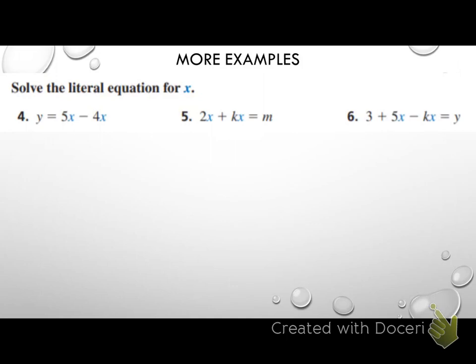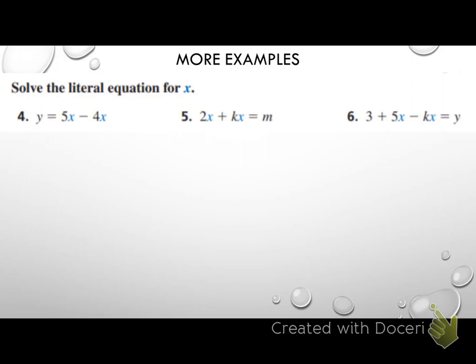Number 4. Y equals 5x minus 4x. Solve the literal equation for x. Any ideas on number 4? On this one, we do have like terms.